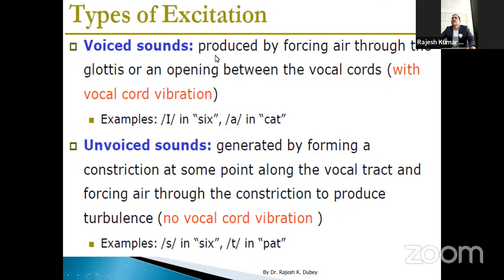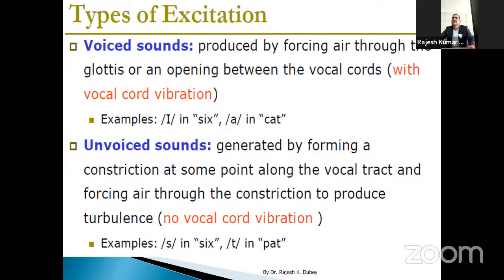Unvoiced sound is produced by forcing air through the glottis, an opening between the vocal cords. Voiced sound comes when the vocal cord vibrates, that is, opening, closing, opening, closing. The glottis, the vocal cord, is opening and closing.